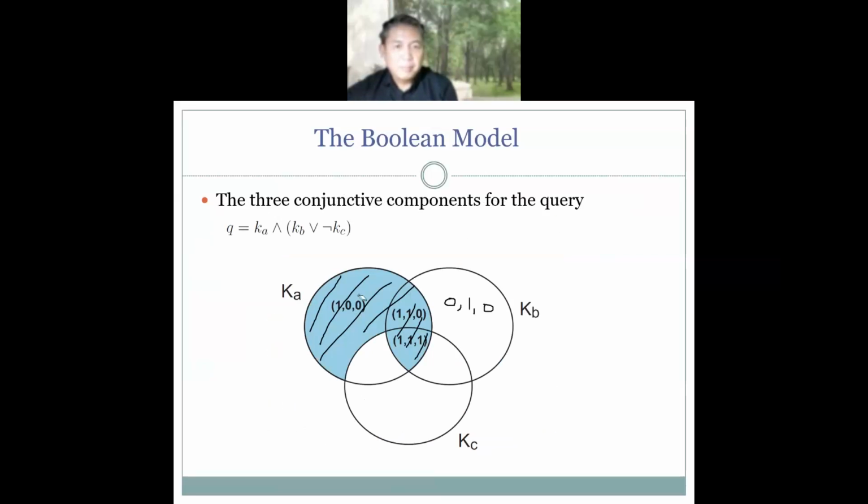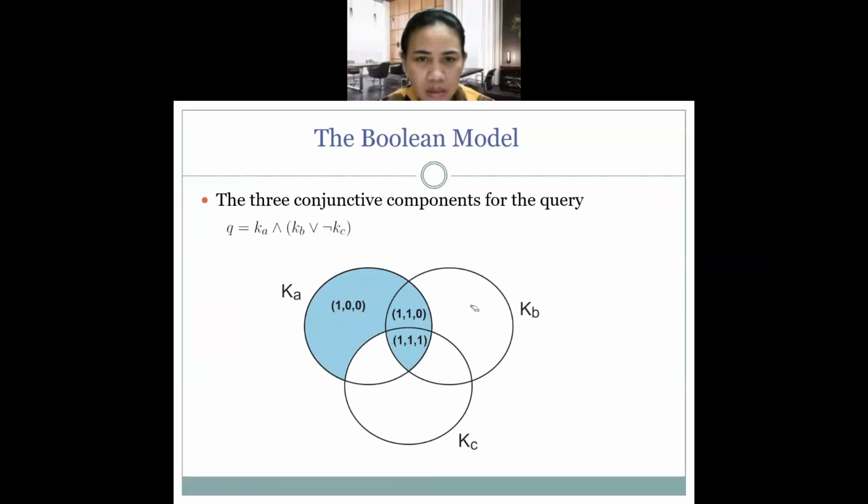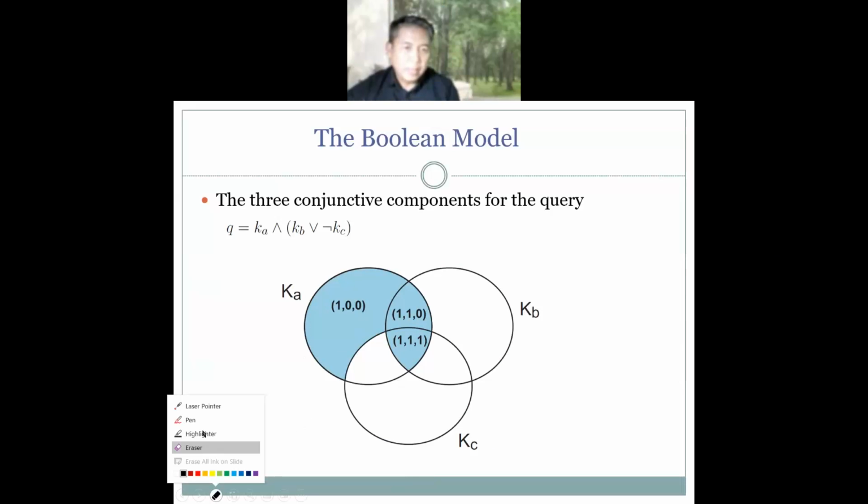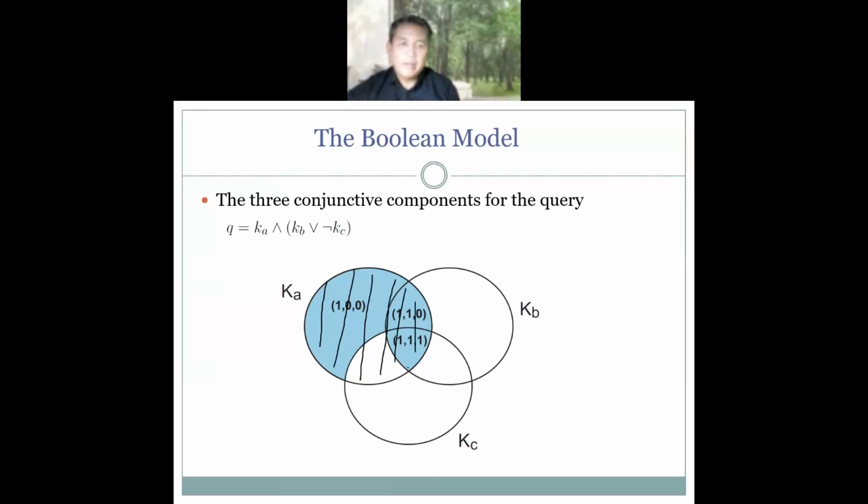Okay. We can assume this is one village. So this village is for KA.